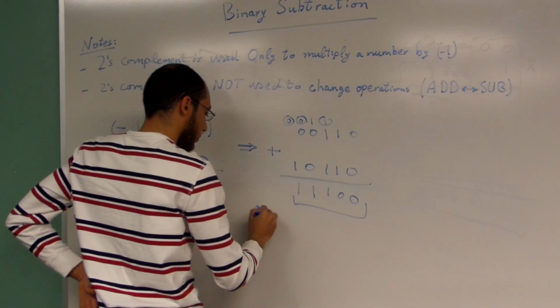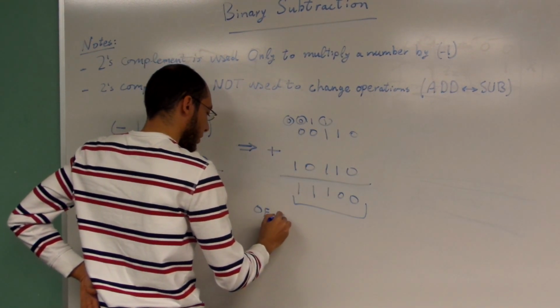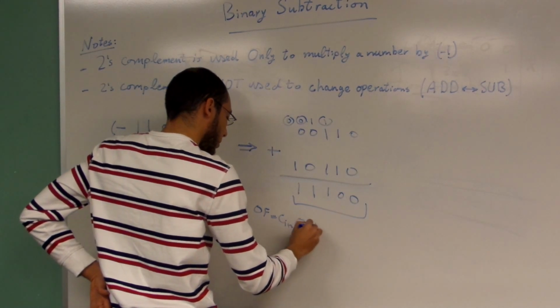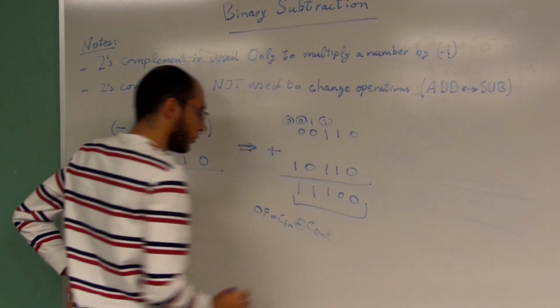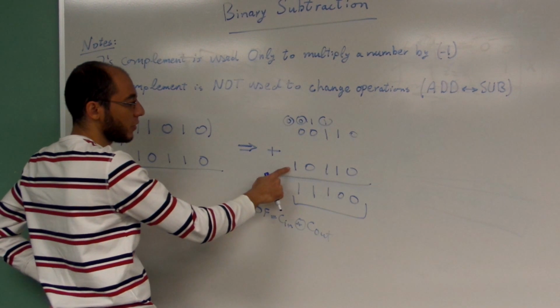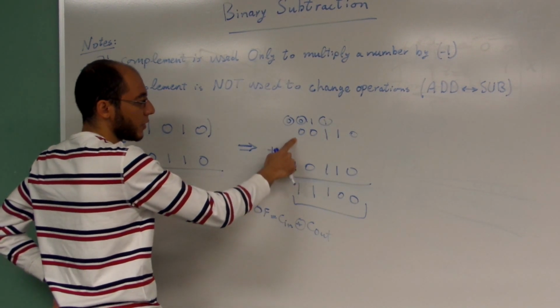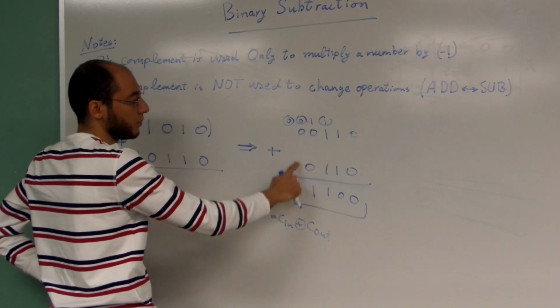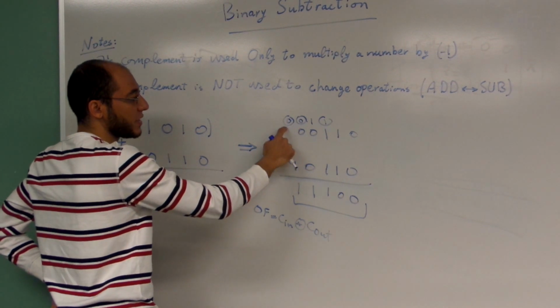What's the overflow? Overflow equals C in XOR C out of the most significant bit. Where is the most significant bit? This is the most significant bit. The C in is 0. The C out is 0.